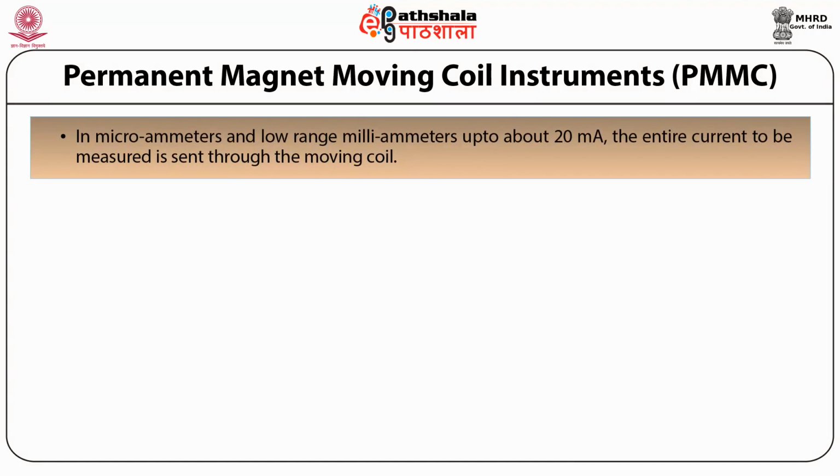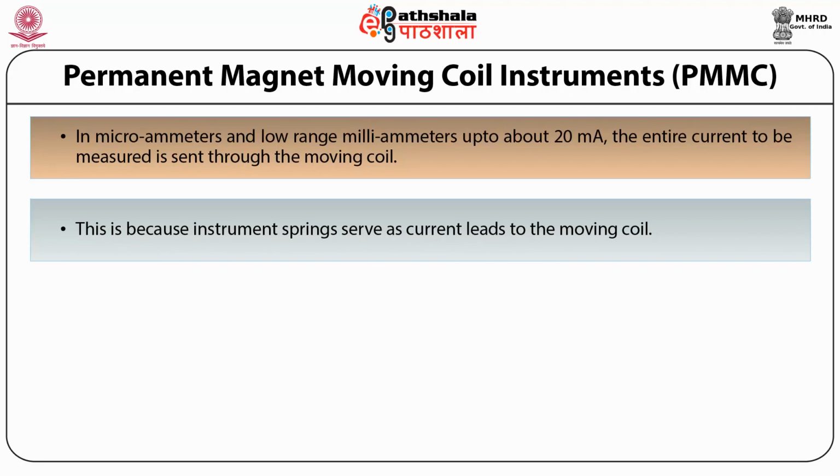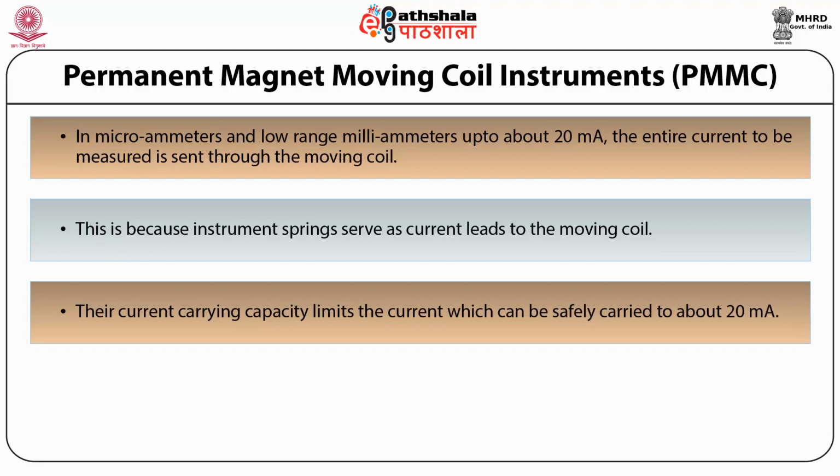In microammeters and low range milliammeters up to about 20 milliamperes, the entire current to be measured is sent through the moving coil. This is because the instrument springs serve as current leads to the moving coil. Their current carrying capacity limits the current which can be safely carried to about 20 milliamperes.